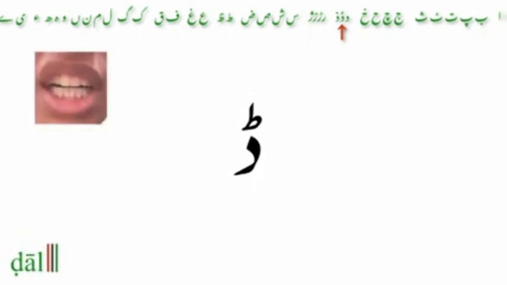Now, a slightly harder D. Not in difficulty level, just in the way it sounds. It's a harsher D. So it's going to be dal. So the beginning position of the tongue is you taking the tip of the tongue and placing it at the center of the roof of the mouth.